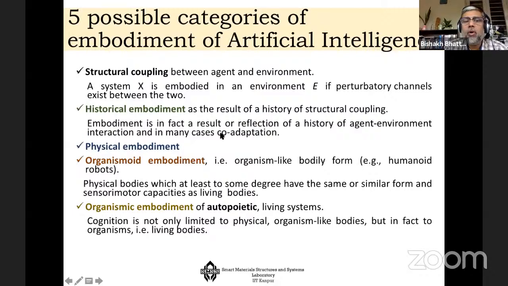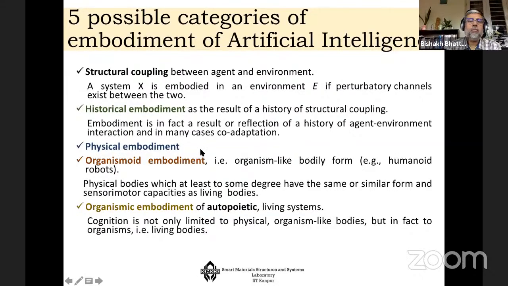If there is historical embodiment, then it should also have a storage of the history of agent-environment interactions. That means if there are some obstructions in the path and you know about them beforehand, then you can decide the path of movement so that you get the least amount of resistance, etc. There is physical embodiment of intelligence that people are today talking about. For example, the embodiment of motors, actuators, and sensors.